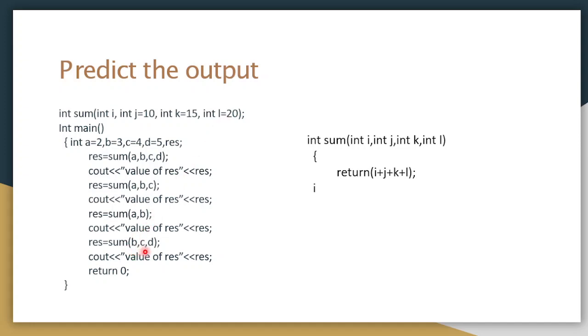Now sum(b, c, d). In this case it will take i equal to 3, j equal to 4, k equal to 5 and l equal to 20. So I suppose you understood the functioning of default arguments.